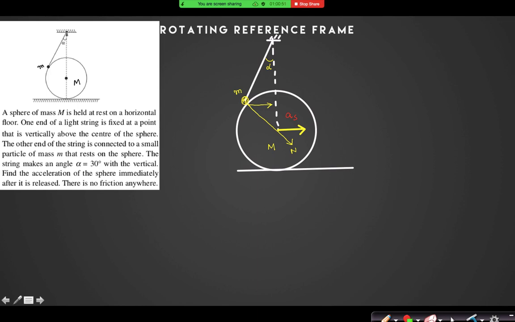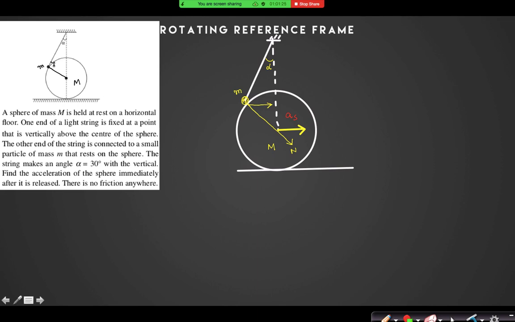The ball is hanging from this point, and it lies on the surface of the sphere here. Someone was holding that ball at this position. Now, if the person just releases that ball, then we need to calculate the acceleration of that sphere. Now, the question is whether the angle between the line joining small m and the center of that sphere and that particular line is 90 degree or not.